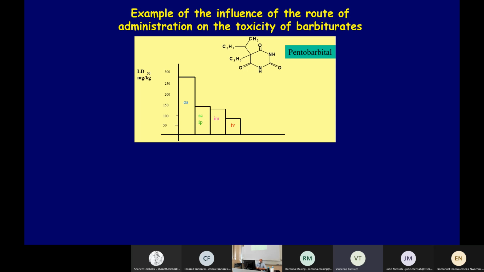The problem of this class of drugs is related to their toxicity. They are very toxic. 3 tablets are enough to sleep forever. Do you understand?